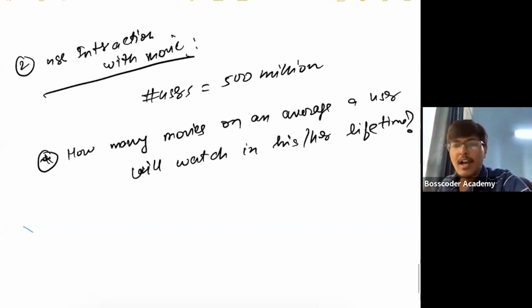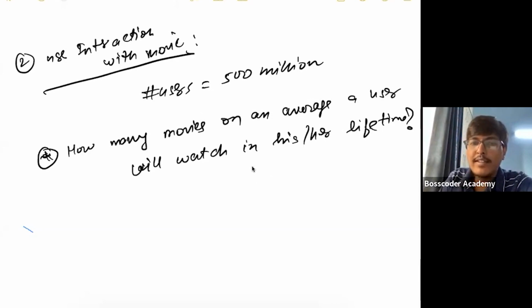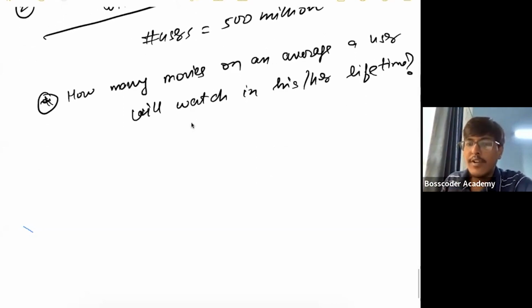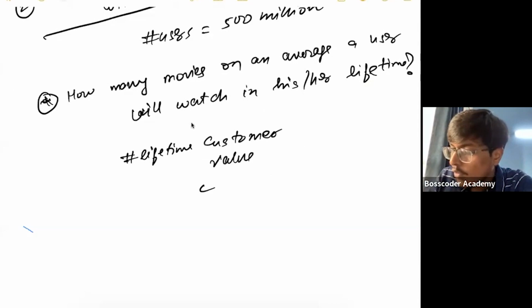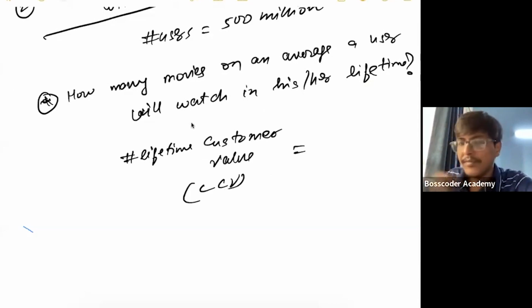We have to calculate how many movies a user will be watching in his or her lifetime on an average. To do so, we can start with what will be the lifetime customer value. What will be the lifetime customer value according to you for Netflix?